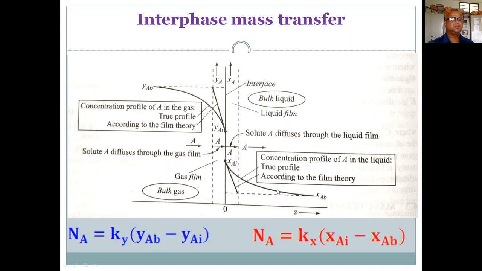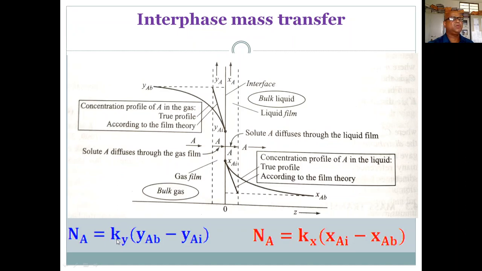So if I take the flux in the G phase or gas phase, then NA will be KY into YAB minus YAI, because this is the concentration at the interface. This is the flux, and if I take the same thing in terms of the liquid side, NA equal to KX times XAI minus XAB, isn't it?